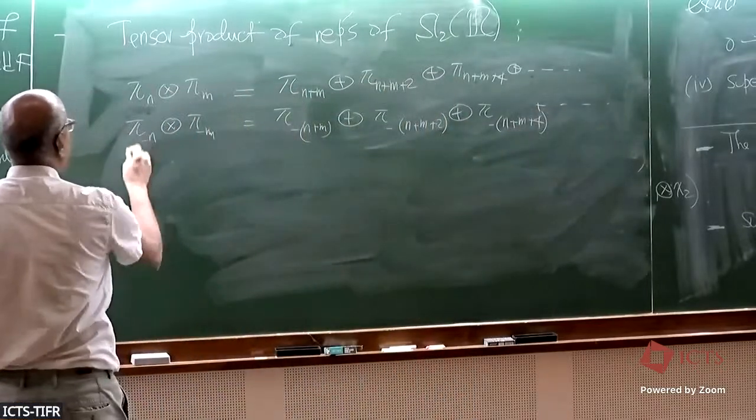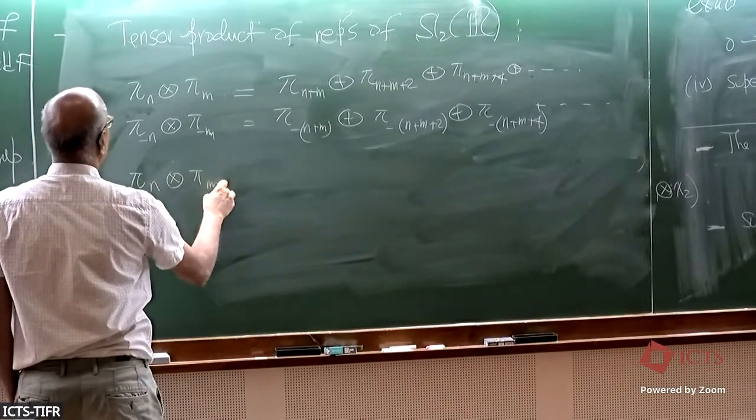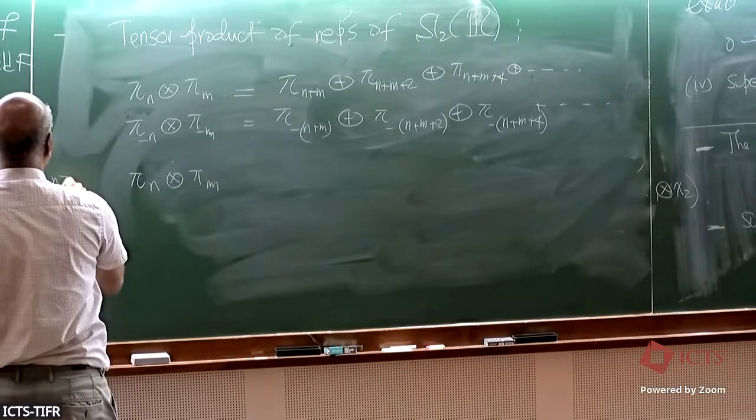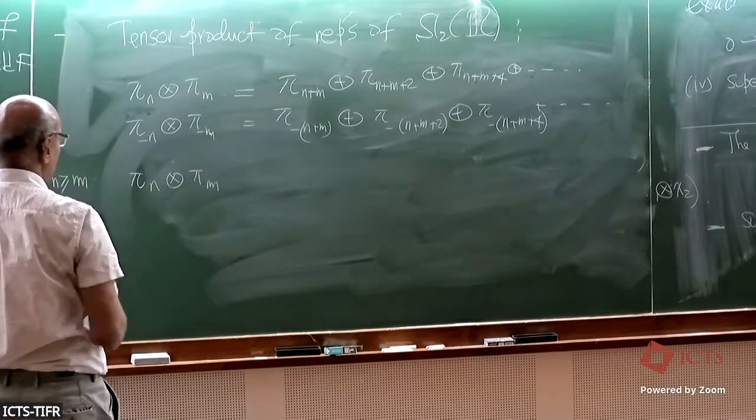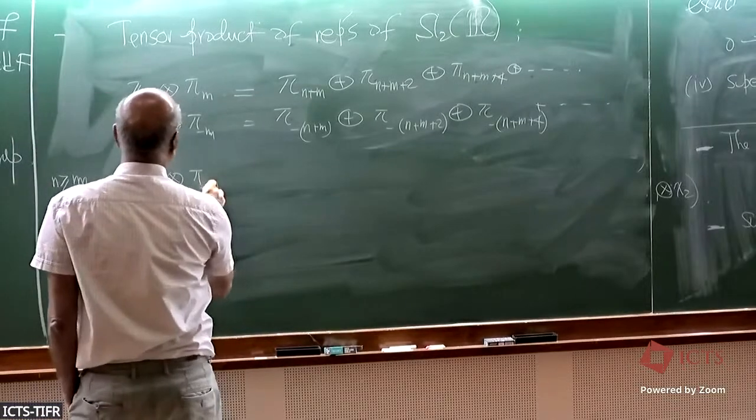And then there is pi_n tensor pi_m, and we can assume without loss of generality that one of them is bigger than or equal to the other, and then we do this.